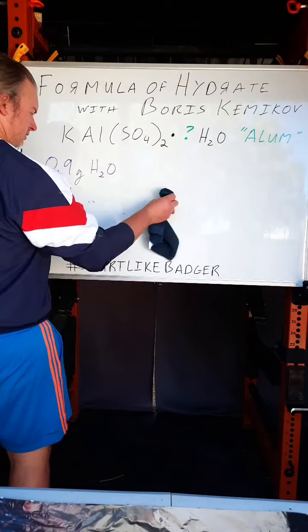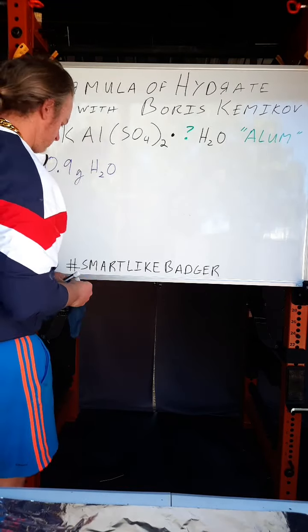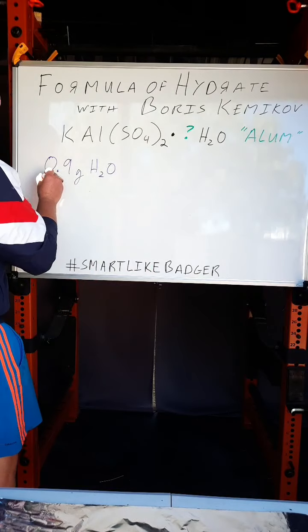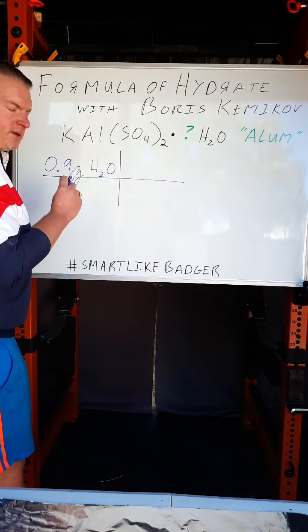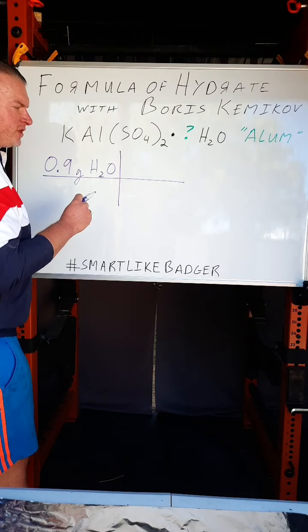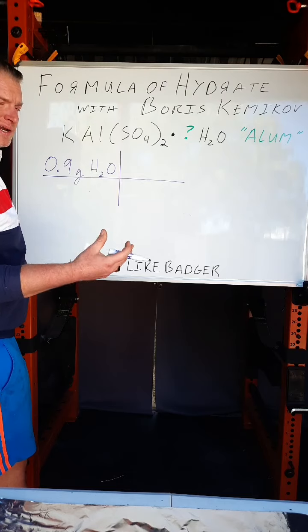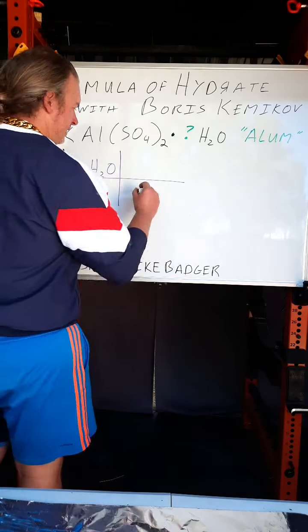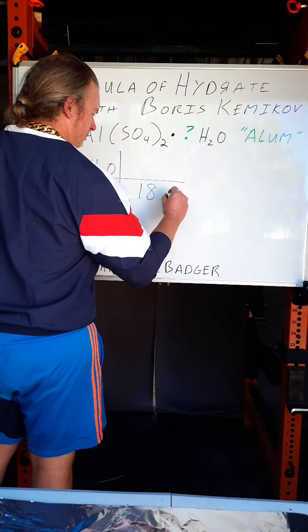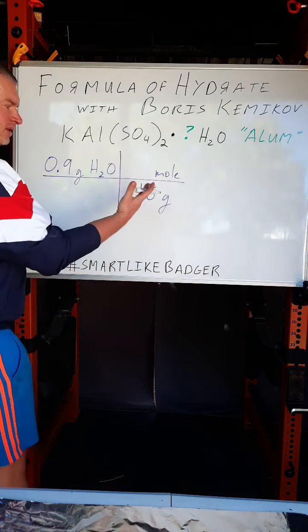We'll just need to clean up the board a little bit. And then we do the scaffold. So, to calculate how many moles of water we have present, we need the molecular weight of water. So we add up those atoms from the periodic table. Oxygen, hydrogen is 18 grams per mole.